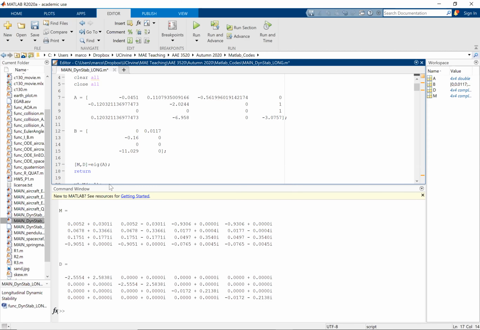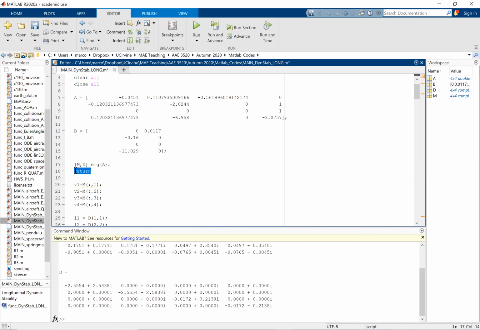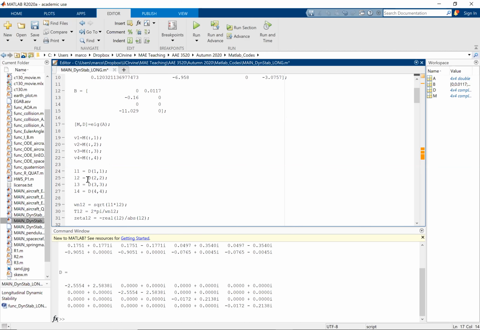So now let's move on with the code. In the next 4 lines, I'm just assigning the first column of M as V1, the first eigenvector, and then the second column is V2, and V3 and V4. And then L1 is the eigenvalue 1, and so we can write it down like this. These are the eigenvectors, and these are the eigenvalues.